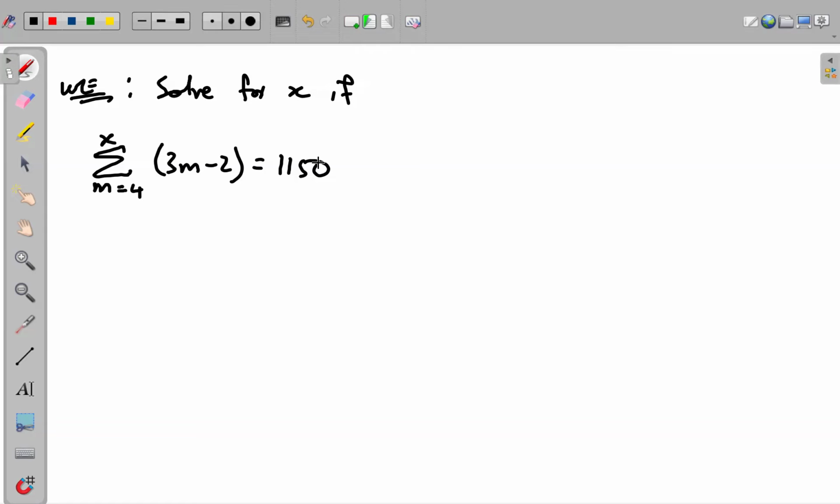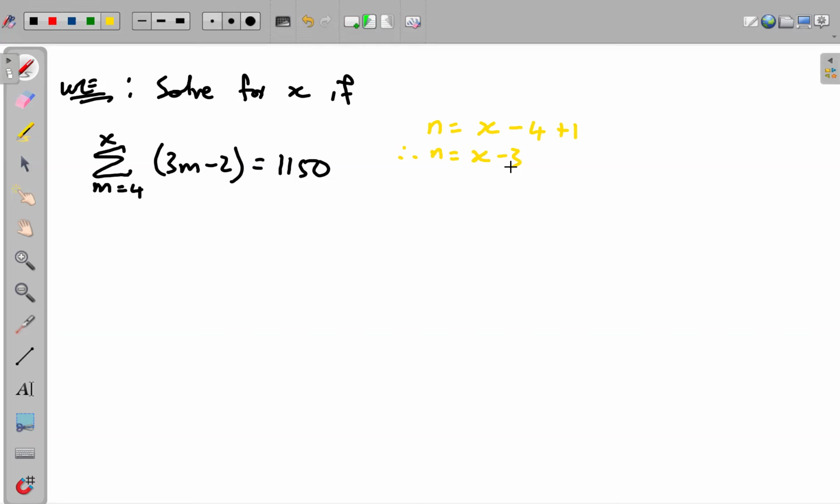Okay, and we know that we don't really know the number of terms because, watch, to find the total number of terms, we must go top, which is x, minus bottom, which is a 4, and we must add 1 to that. Okay, so this simplifies to, watch this, n is x minus 3. We have 2 unknowns.